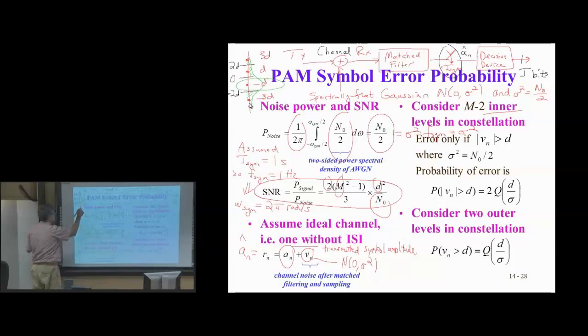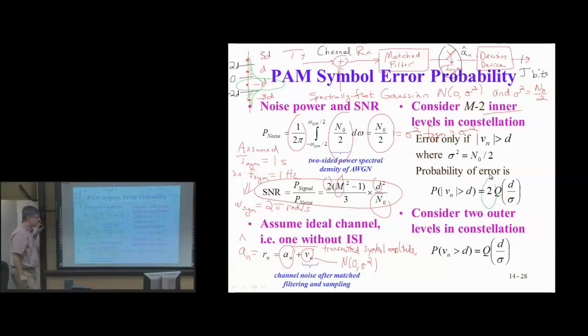So that tells me how likely I am to make a mistake. I need to integrate the tail of a Gaussian in both directions. In one direction, I get a Q function. That's the notion of the Q function. I integrate one tail. If I integrate 2 tails, I just multiply by 2.